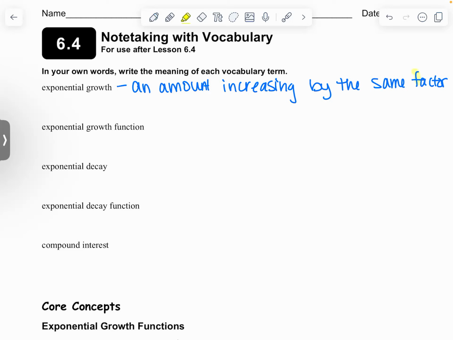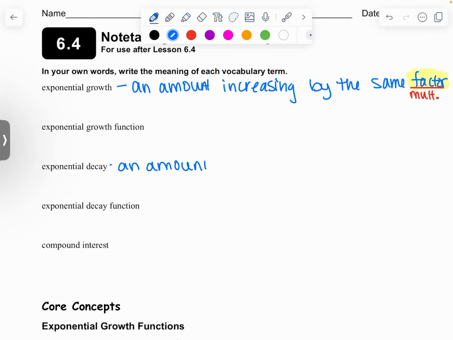When I say the word factor, I am implying what operation? Okay, now, when we have exponential decay, we have an amount that is decreasing by the same factor.